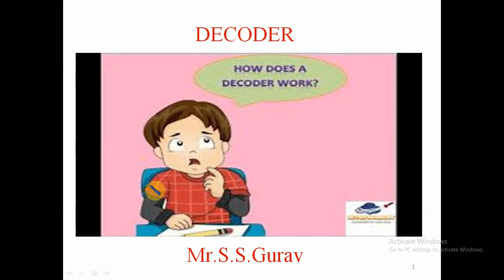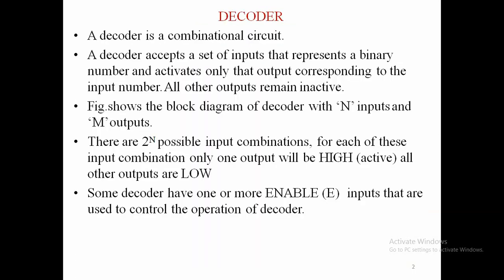And the decoder is a combinational circuit that converts binary information from n input lines to a maximum of 2 raised to n unique output lines. It accepts a set of inputs that represents a binary number and activates only the output corresponding to the input.